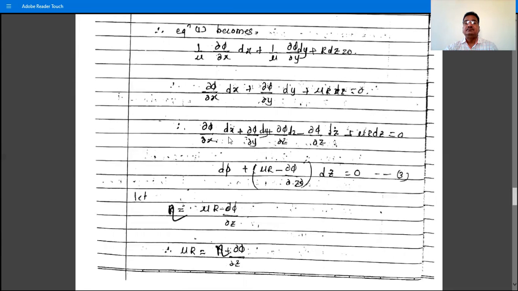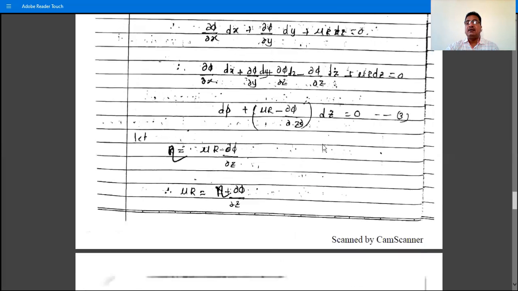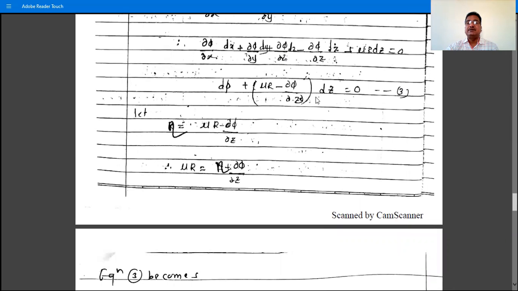Then add the term ∂phi/∂z dz, and subtract the same term ∂phi/∂z dz. Now ∂phi/∂x dx plus ∂phi/∂y dy plus ∂phi/∂z dz is d phi, so d phi plus (mu r minus ∂phi/∂z) dz is equal to 0, equation number 3.